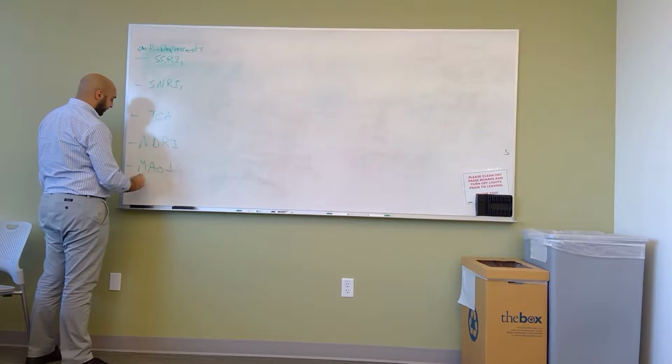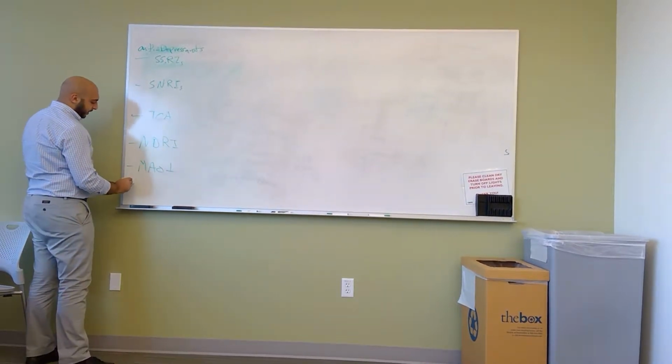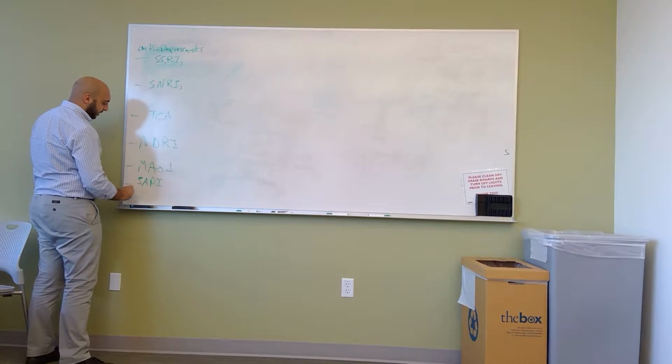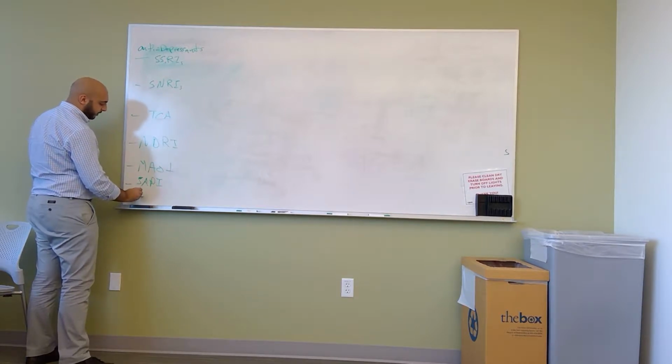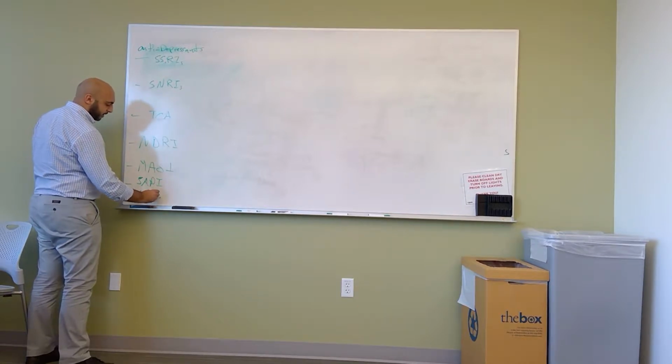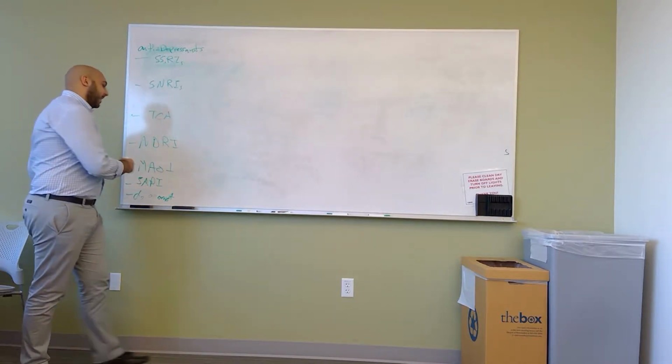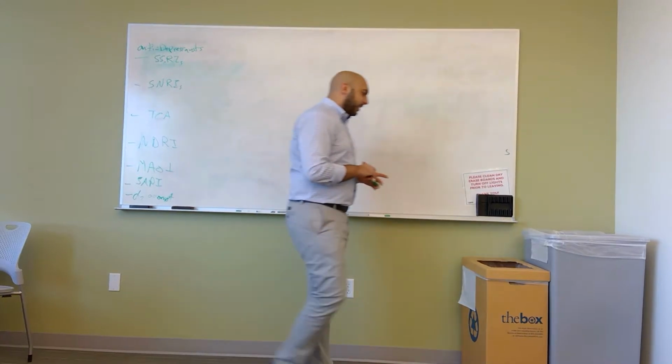MAO inhibitor. And you got serotonin reuptake inhibitors, serotonin antagonist reuptake inhibitors, and you got some alpha 2 agonist. You know which one is this? Huh? It's mirtazapine. All right.